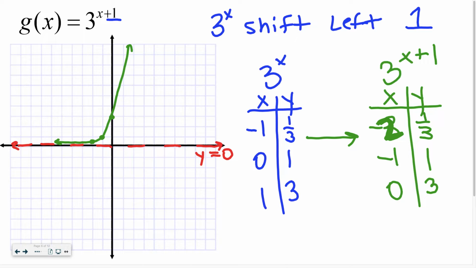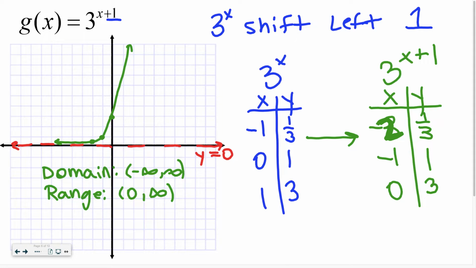Which means our domain and range are unaffected. Our domain is always going to be all real numbers, and our range is always going to depend on our horizontal asymptote. And since our horizontal asymptote didn't change and we didn't have any sort of a reflection, our range can still be 0 to infinity.